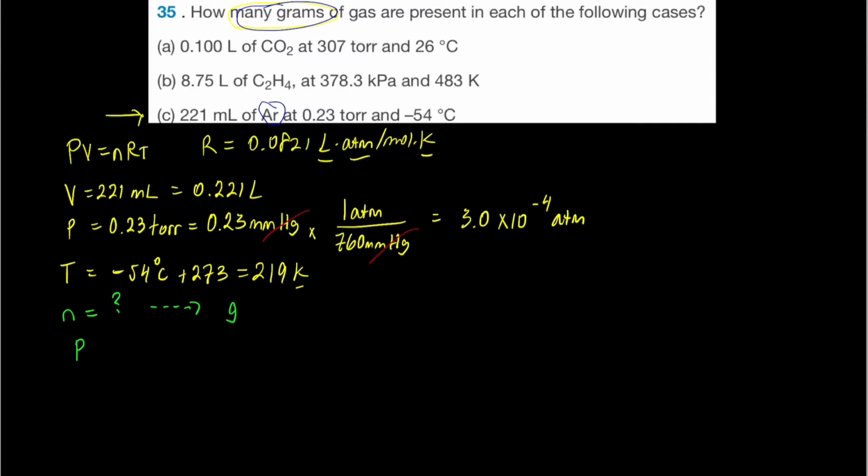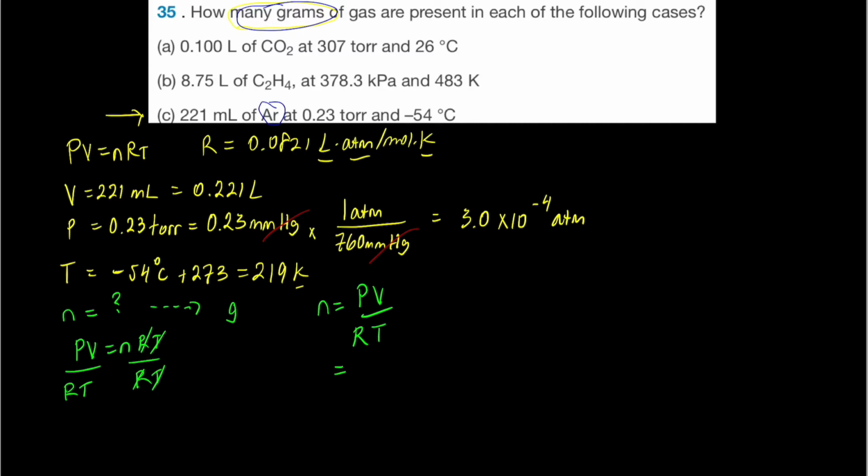So we have PV equals nRT, and we want to solve for n here by dividing both sides by R and dividing both sides by T. And so we get a new formula. n is equal to pressure times volume, divided by the ideal gas law constant, divided by temperature.